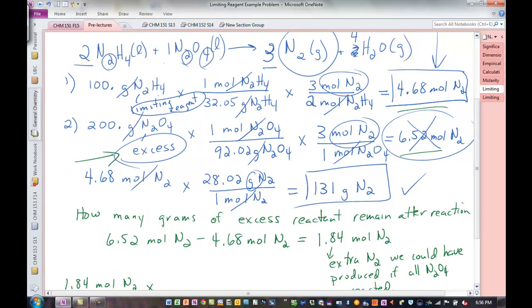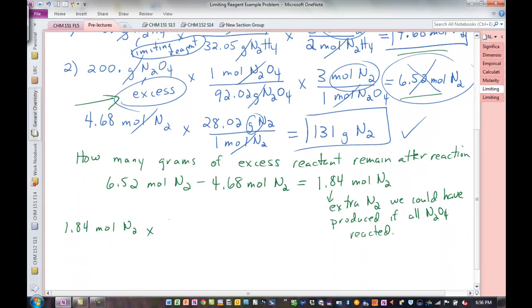What's our mole ratio? We have a 1 in front of N2O4 and a 3 in front of N2. Moles of N2 cancel.